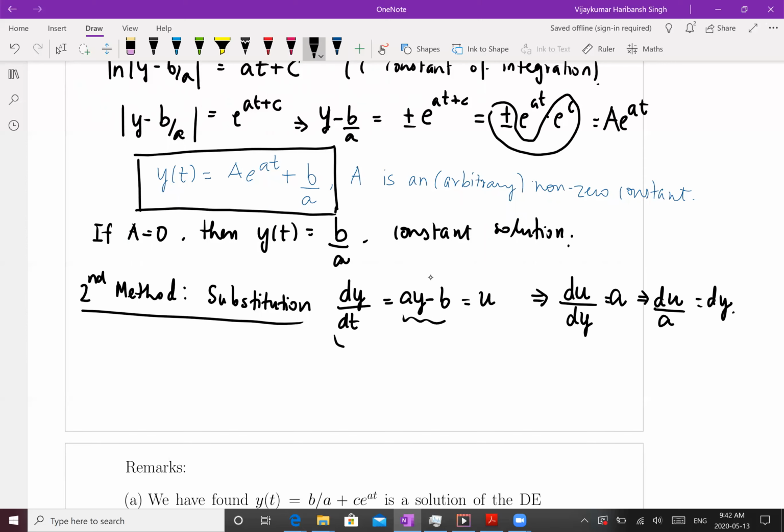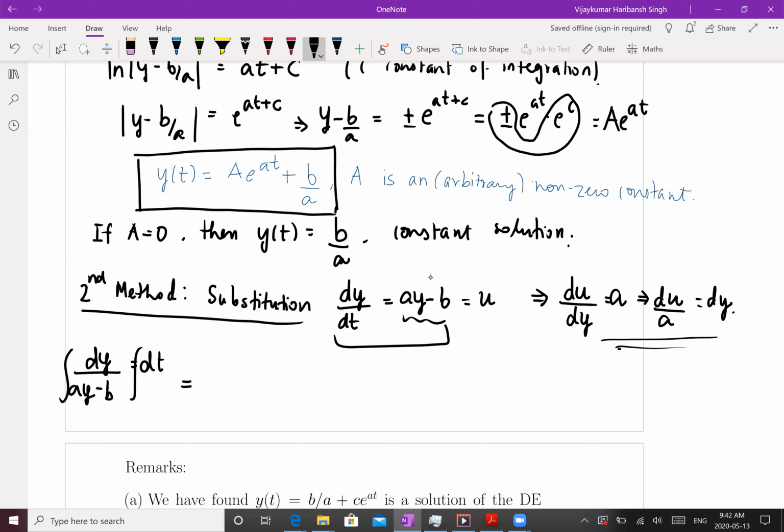Now, coming back to this one, if I write it, I can write it as dy by (ay minus b) equals dt, right? And I'm integrating on both sides. Now on the left-hand side, I make this substitution.